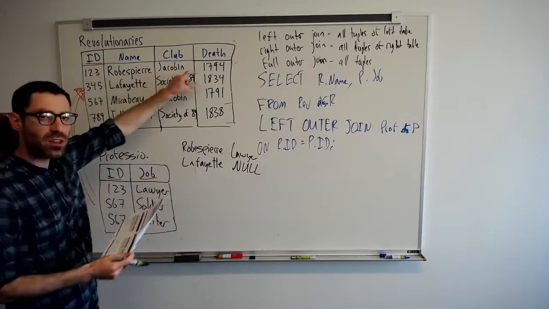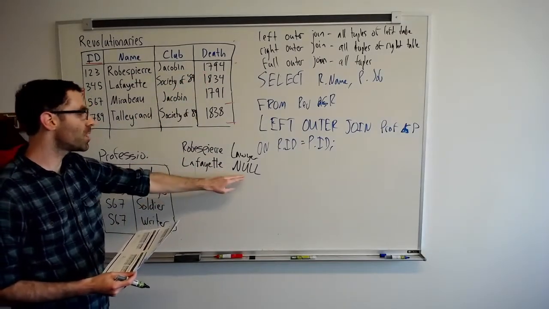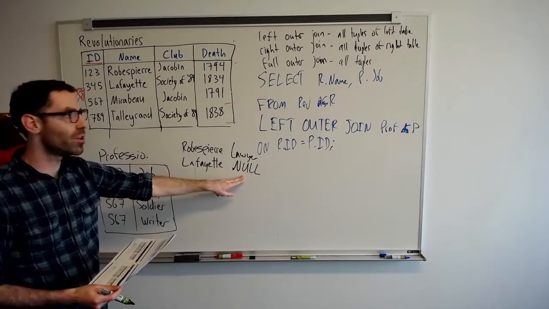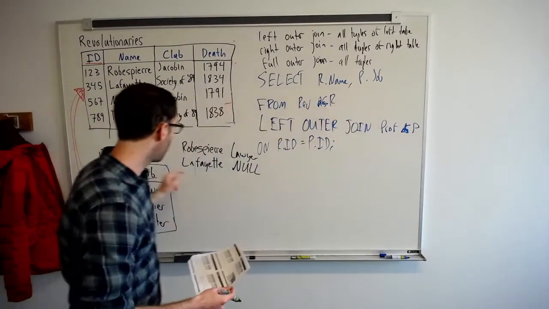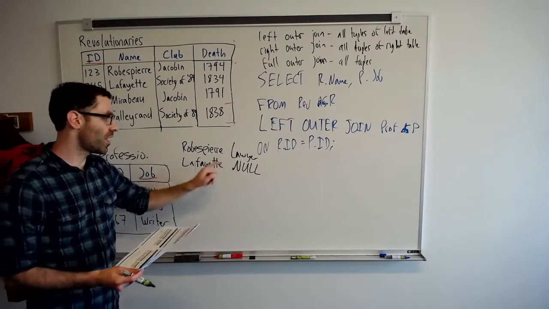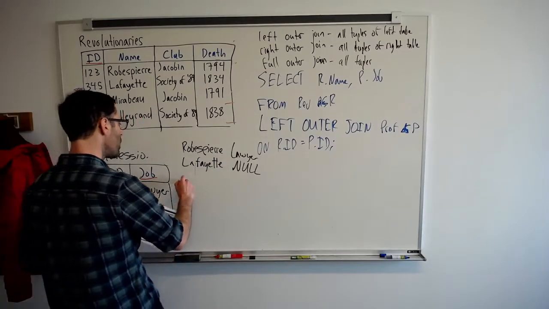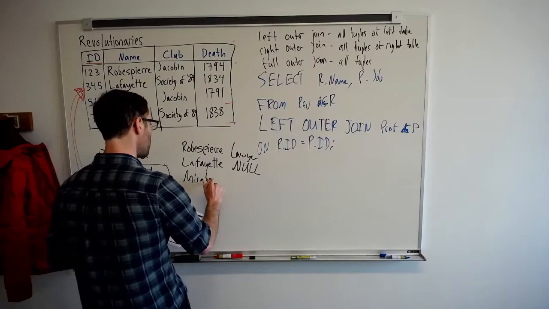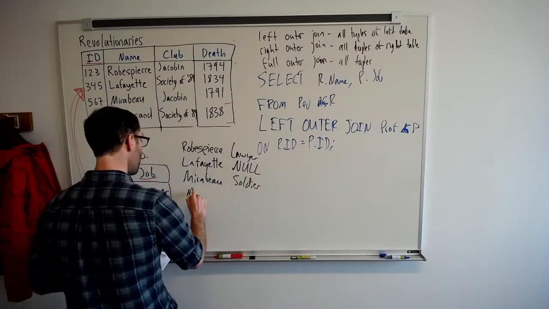Because that tuple appears in our left table, it would appear in our output, but it has no p.job. There's no value that exists for the tuple with Lafayette, and so the output would just have null instead of an entry from the professions table. And we'd still get Mirabeau and his two jobs.